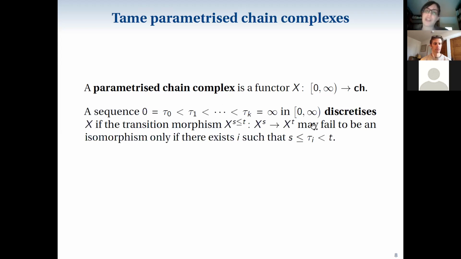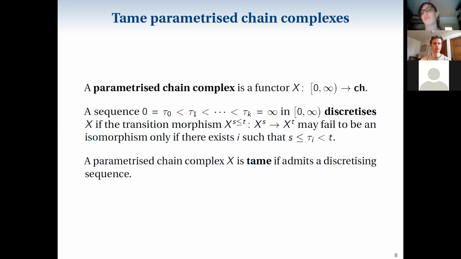And so we consider a discretizing sequence, which is an increasing sequence of non-negative reals, such that the transition morphism of X could fail to be an isomorphism only if it's passing by one of the elements of the sequence. So I'm saying that, yes, I have a chain complex for every non-negative real number, but actually the only ones that change are finitely many, okay? And we call it a chain complex tame if it admits one discretizing sequence.